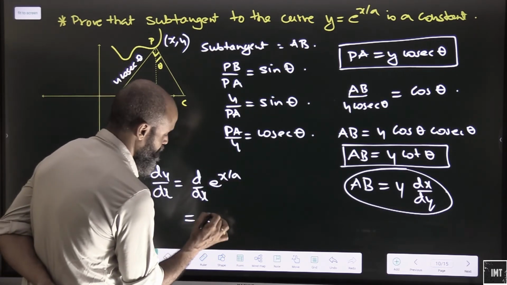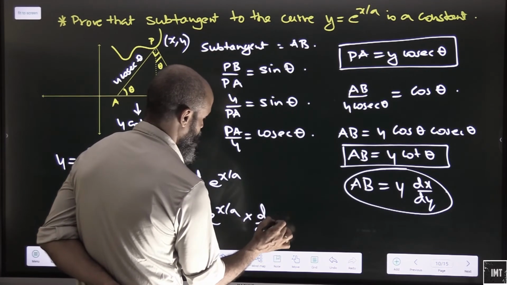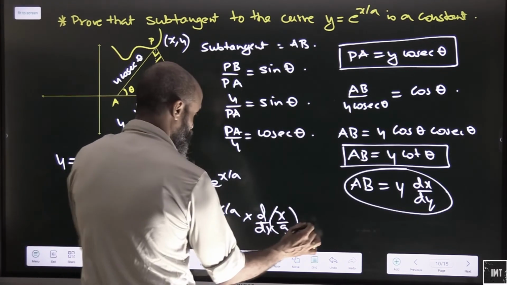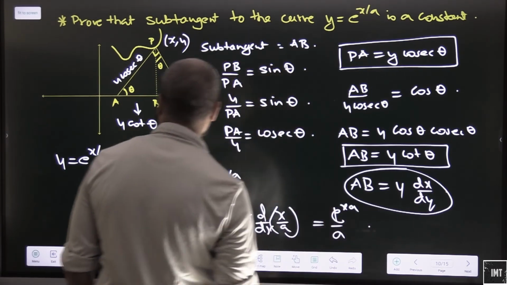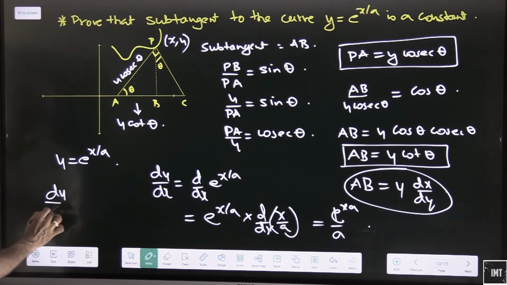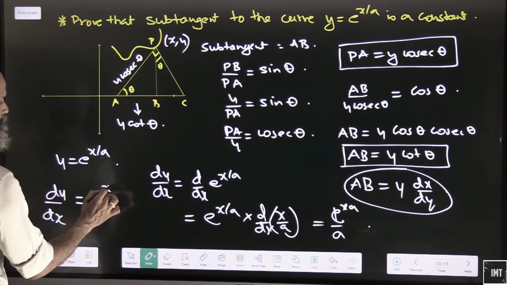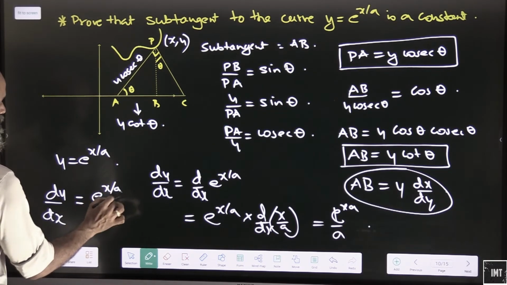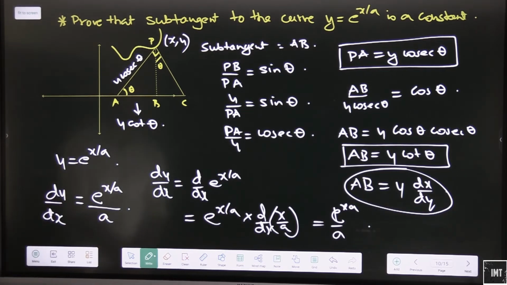That will give us e^(x/a) into d by dx of x by a. So that's going to give us 1 by a, and this is e^(x/a). So dy by dx is equal to e^(x/a) upon a.